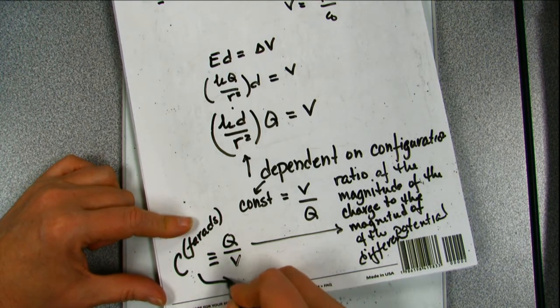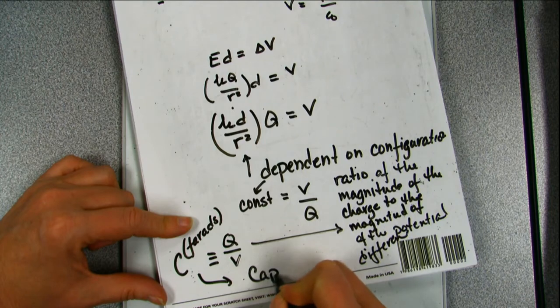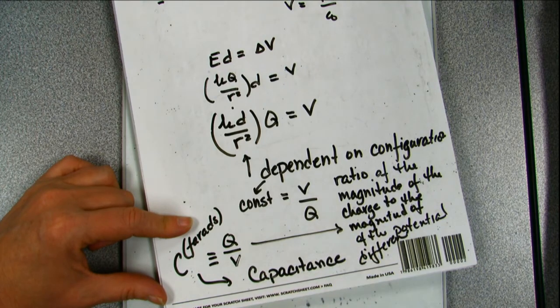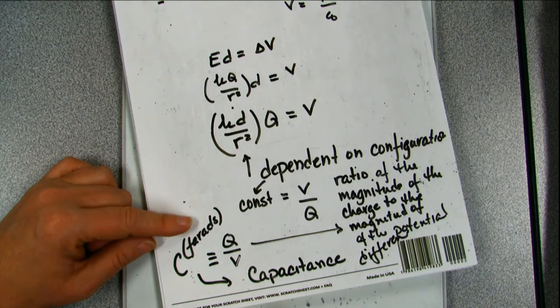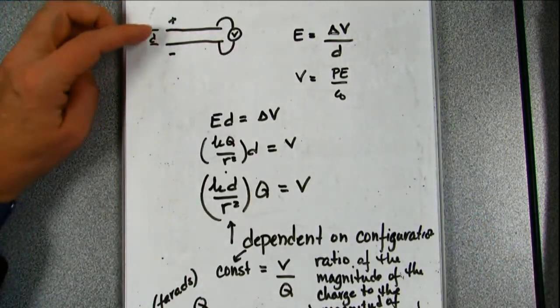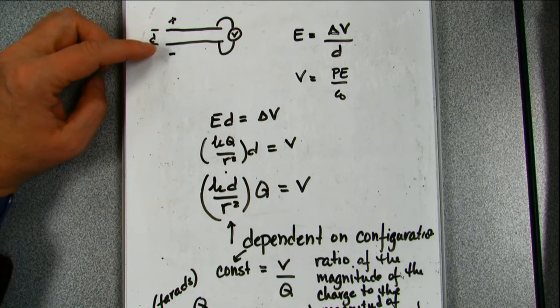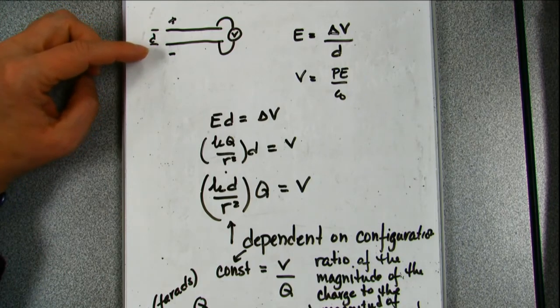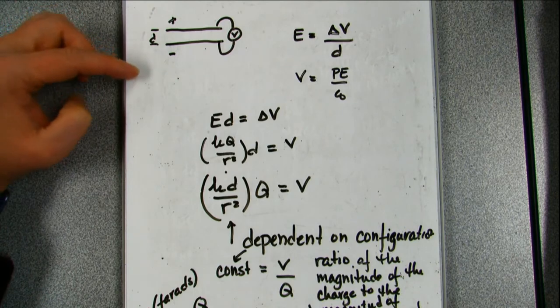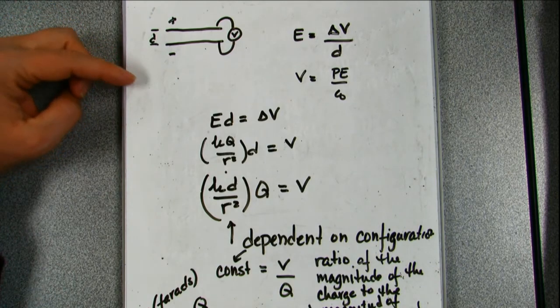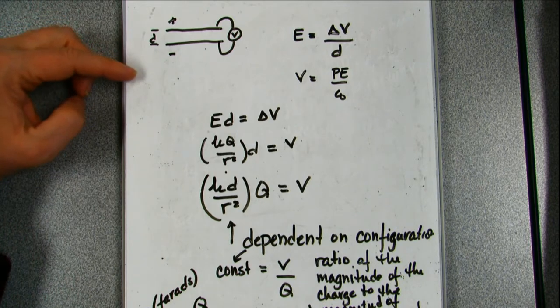We're going to give it a name and we're going to call it capacitance. Basically, what this device will do is it'll allow us to have a uniform electric field, and it's going to store charge. Capacitors are going to store charge.